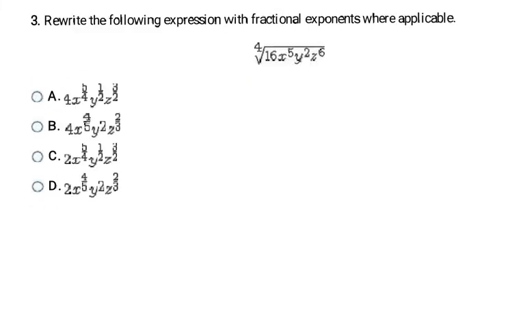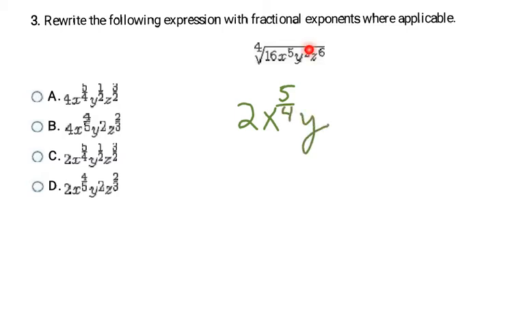Now I have multiple pieces underneath the radical symbol, so I'm going to have to take the fourth root of each of those separately. The fourth root of 16 is 2, and you can use a calculator to find that. Then I do the x. The x has an exponent of 5, so that's my numerator, and then my index is 4, so that's my denominator. I do the same with y.